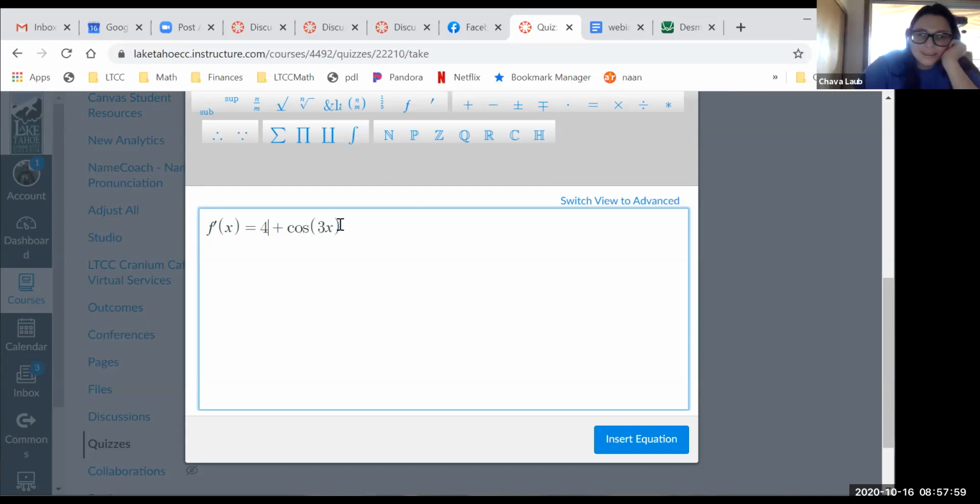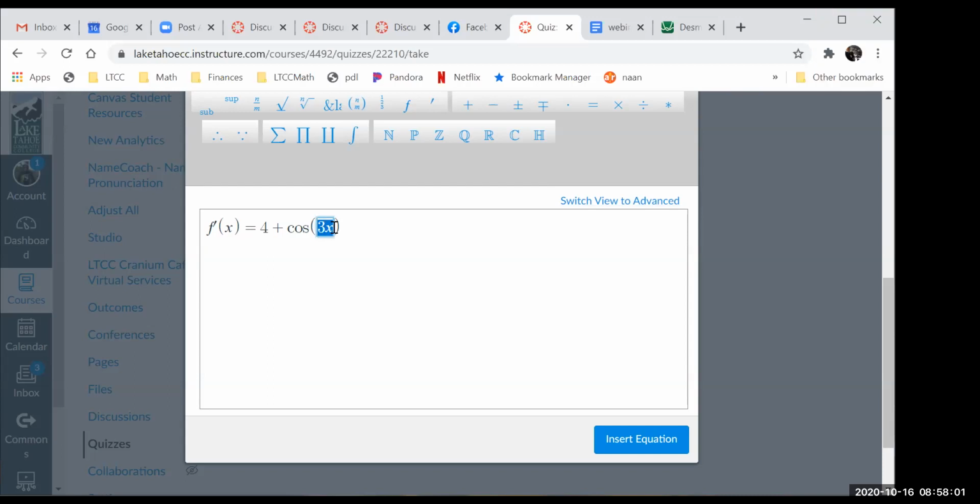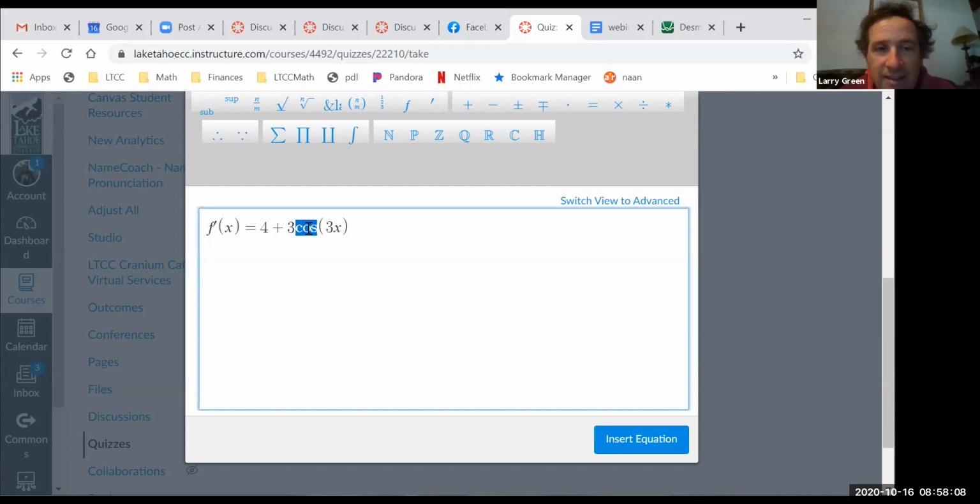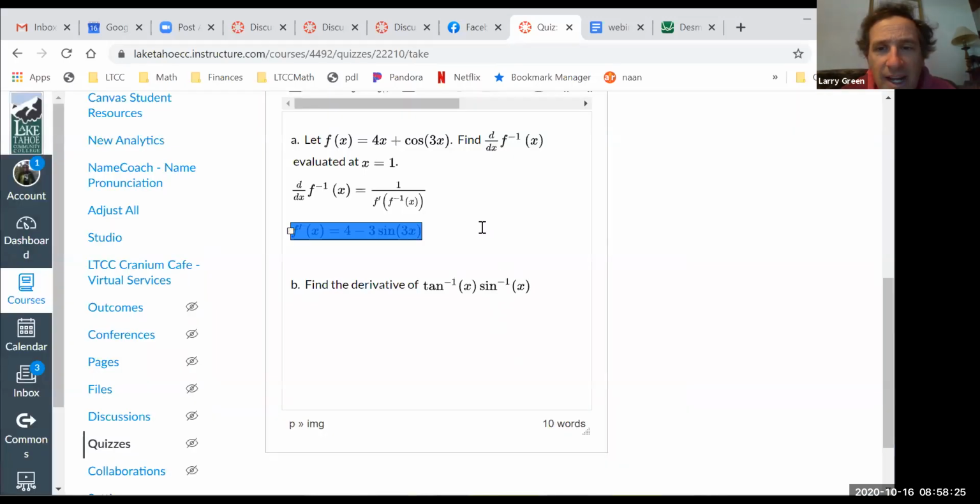Chain rule. Yep, chain rule. Derivative of 3x is 3. And the derivative of cosine is negative sine. So it becomes negative 3 sine of 3x. Any questions on how to find f prime first?